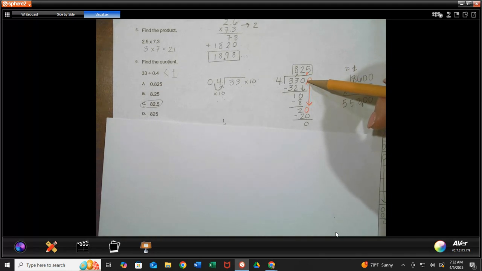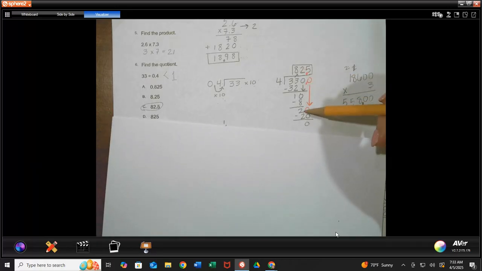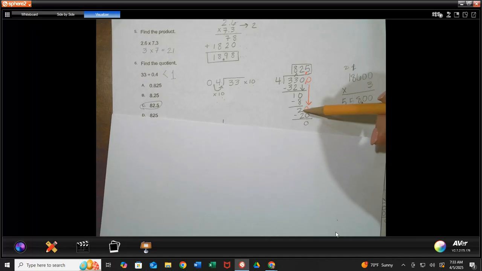Now when I finished here, I had 82 with a remainder of 2. Now I can't have a remainder with decimal division. We talked about that in class. So what I'm going to need to do is come up with another 0 so I can keep dividing.